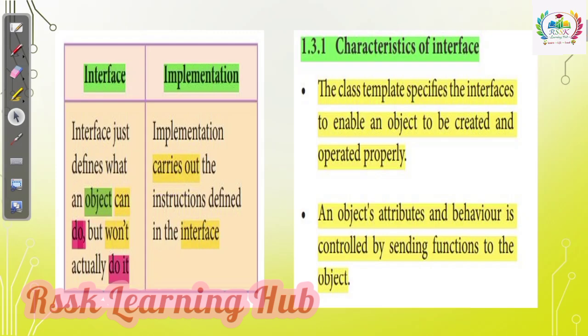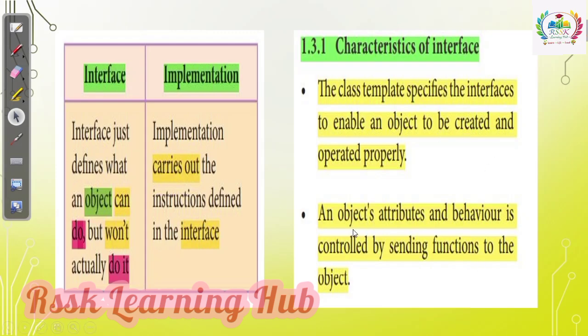This is an example I told you already, switching on the light of your bulb. The electric current of your home appliances, you can take as class template. Under that, if you want to enable an object, you can make on and off functions. So you can check whether it is working properly or not. That is your first point.